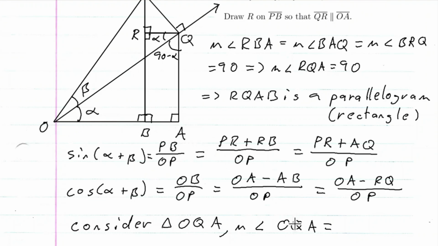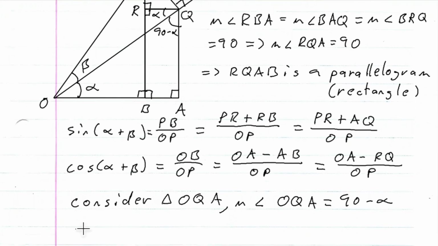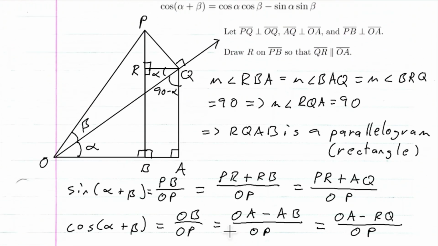So OQA, of course, is 90 minus alpha, which implies that the measure of angle RQO is equal to alpha.